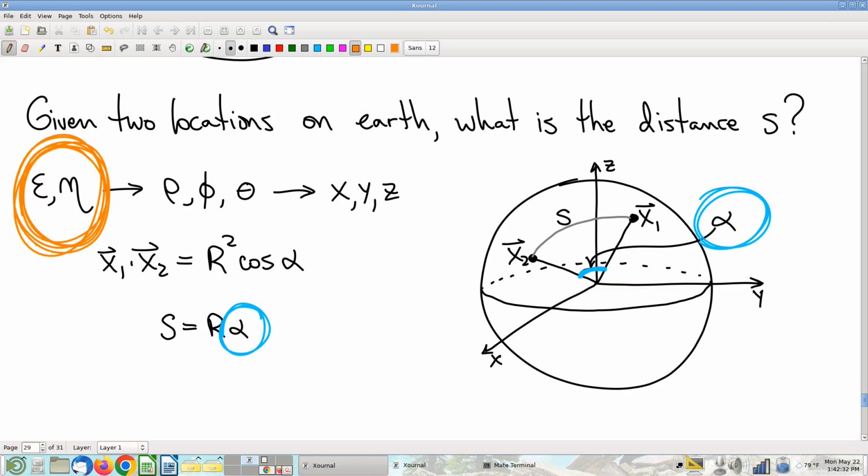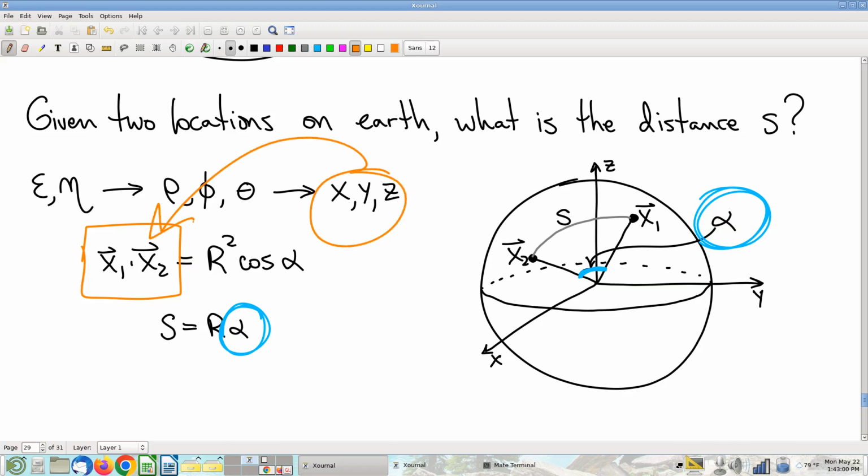Well, once you've got longitude and latitude, you've got spherical coordinates per the upper part of this page. Once you've got spherical coordinates, you've got rectangular coordinates per the previous page. Once you've got rectangular coordinates, now you can compute the dot product. Right? Again, it's three-function arithmetic. Dot products in rectangular coordinates, nothing to it.